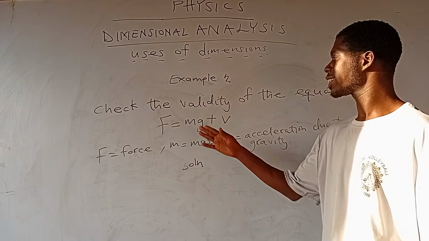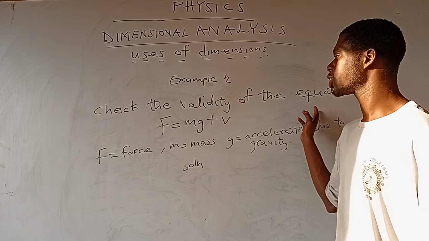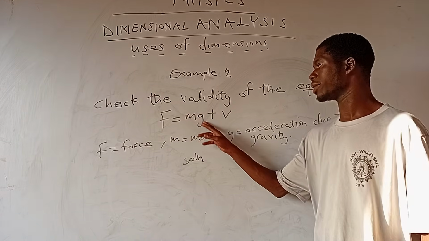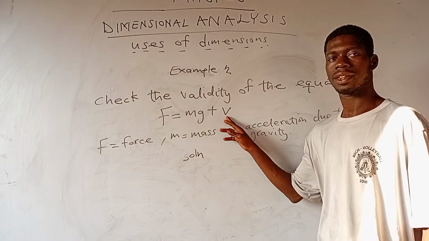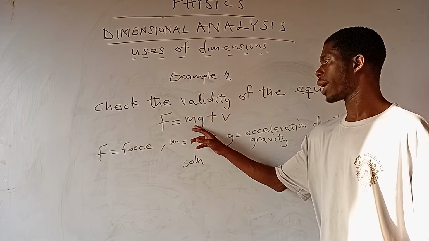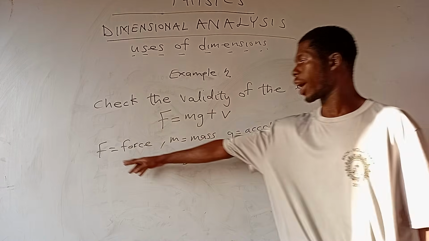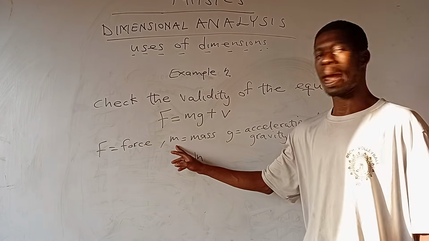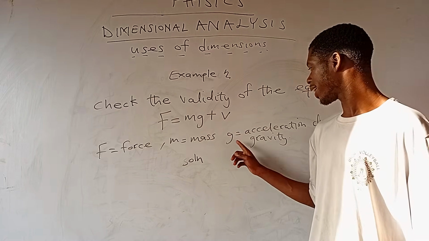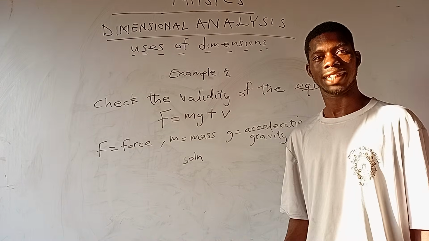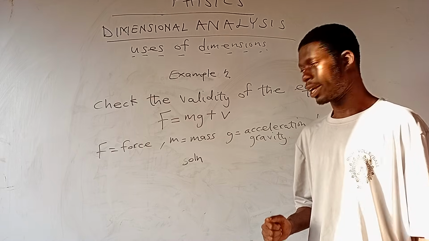Okay, so example 2. It says check the validity of the equation. So we have F equal to mg plus v. F is the force, m is the mass, and g is the acceleration due to gravity.